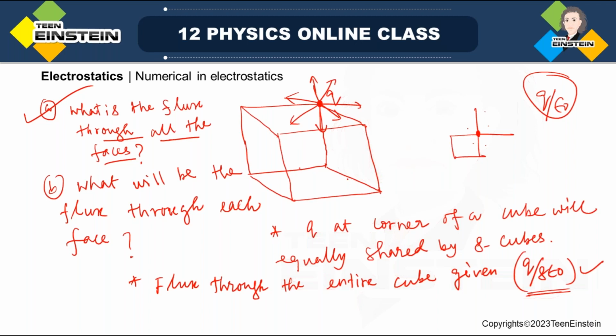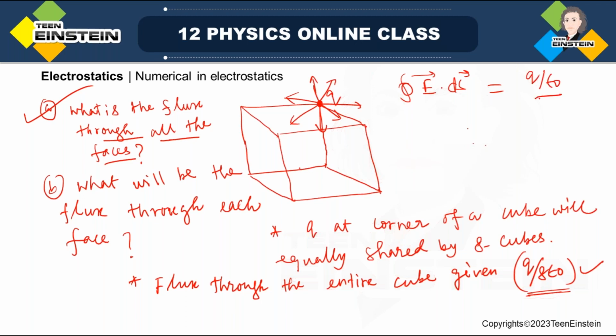Now at this place I have to think about Gauss's law once again. It is given by the integral of E dot n cap dS, or E dot dS, where dS is the area vector and E is the electric field vector. This is equal to q by epsilon 0.